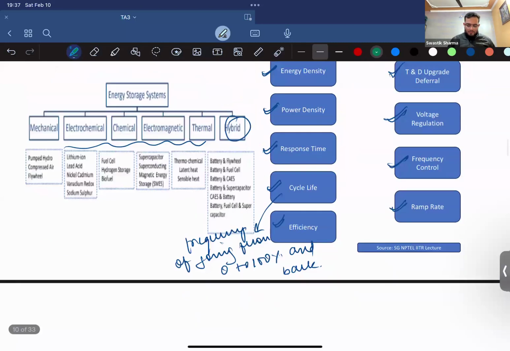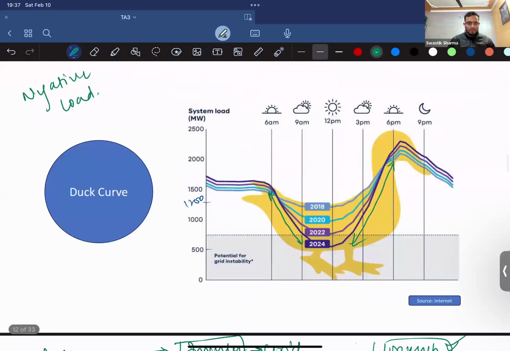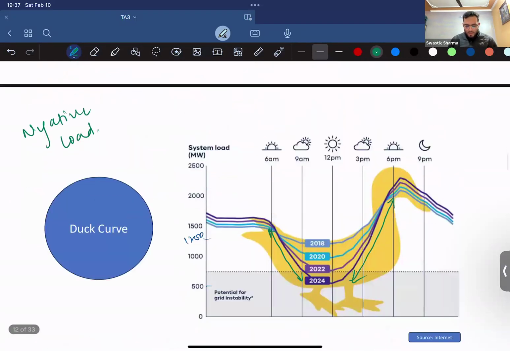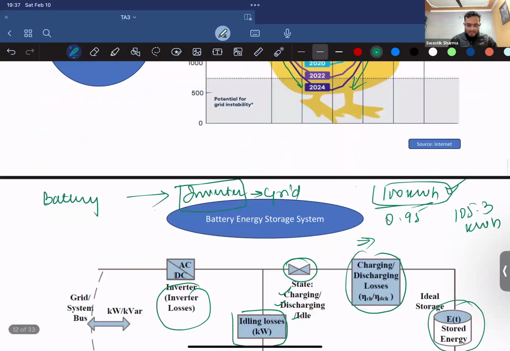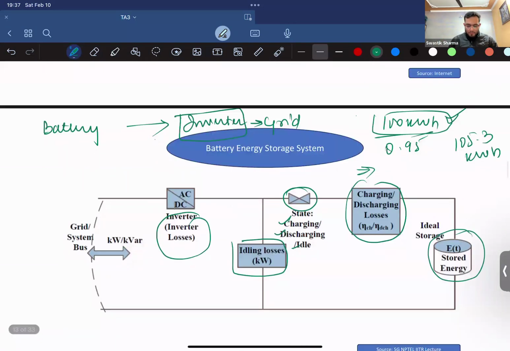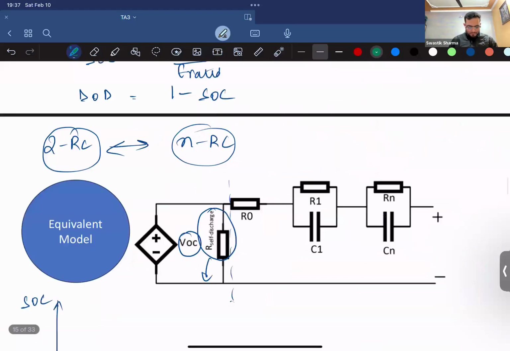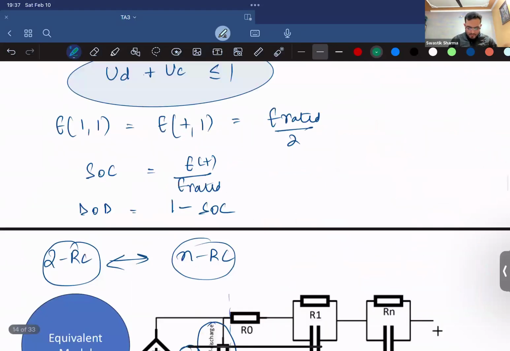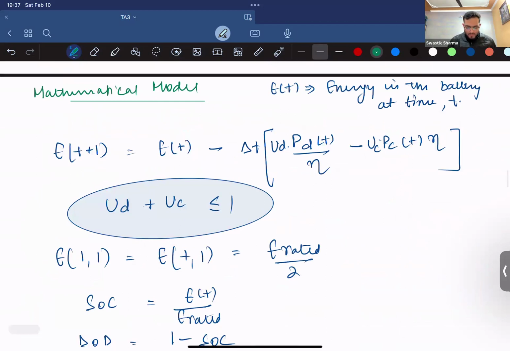Then we talked about various terminologies associated with that, how a load curve is changing, and how a battery energy storage system could help sustain the continual balance of these two things. Then what is an equivalent model of it? How do we model it? SOC, DOD, the terminologies, the mathematical model of it.